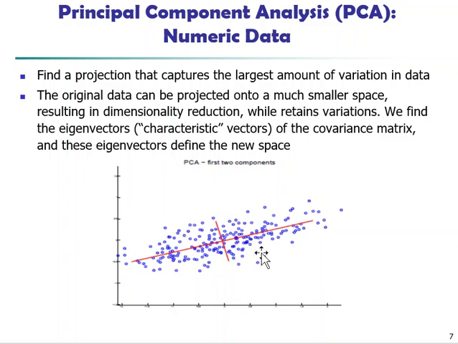So this is the basic idea. The goal is to project the original data into a much smaller space, resulting in dimensionality reduction. We find the eigenvectors. Here we have two eigenvectors from the covariance matrix, and those eigenvectors define the new space, and we can decide which ones to keep and which ones to eliminate.